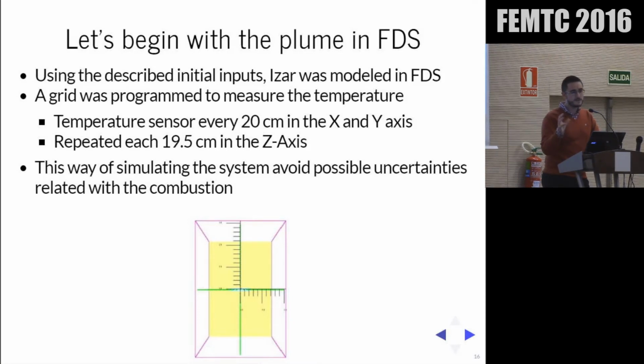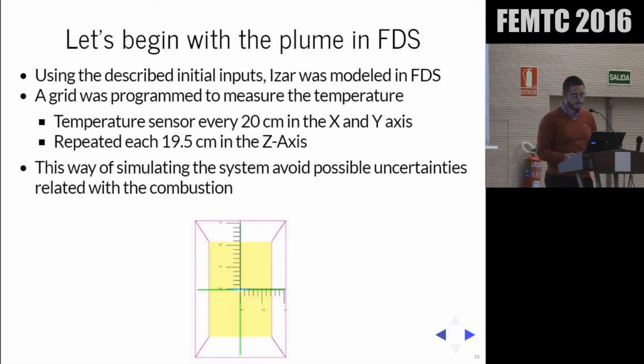This way of simulating the system as a source of hot combustion products was also a way of avoiding the uncertainties related to the combustion that every computer model has.